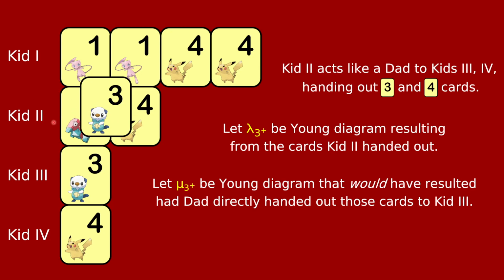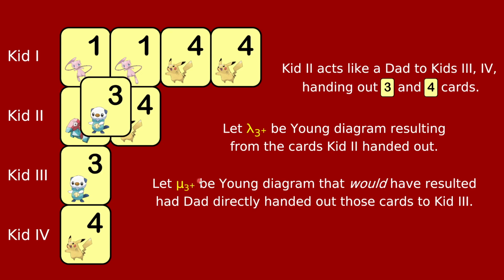So whatever cards kid 2 would hand out in the process, imagine the dad immediately handed those out to kid 3 and kid 4. Well, you'll get a different Young diagram potentially because they're handed out in a different order. So we'll call that Young diagram mu.